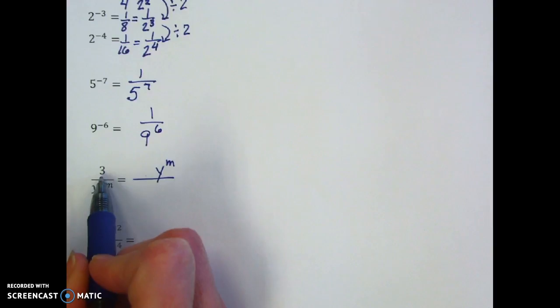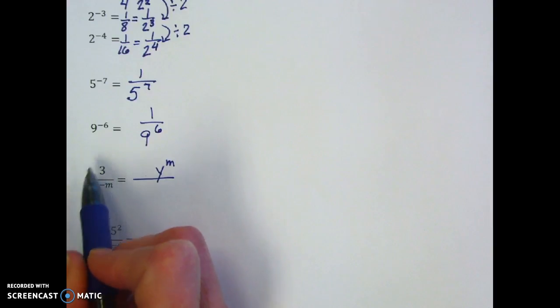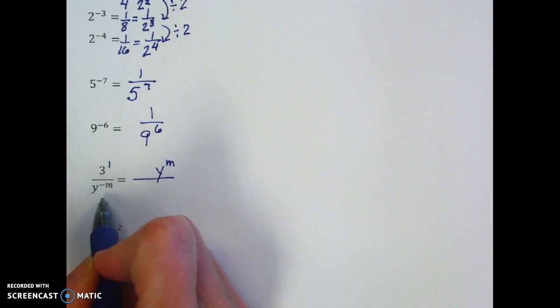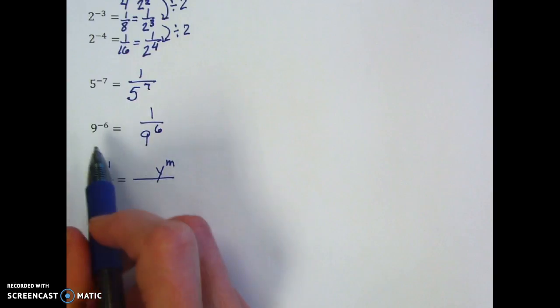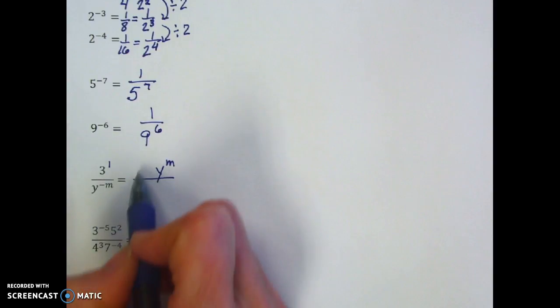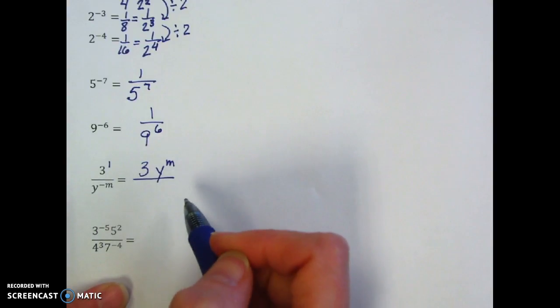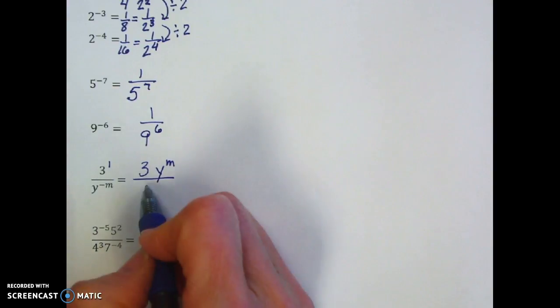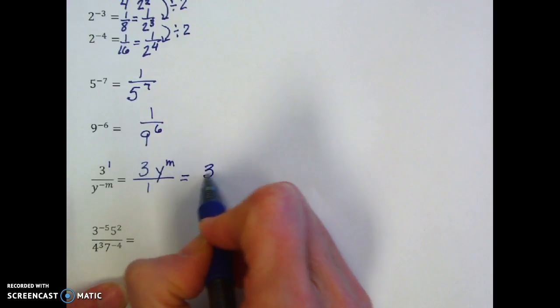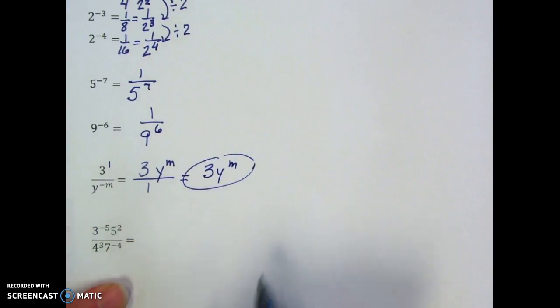What's the exponent on this 3 right now? A positive 1. So we don't need to move that to the denominator. We're just going to leave that in the top. So what's in the denominator? I guess you could say nothing, but we could put a 1 down there if we wanted to. So 3y to the m is the most simplified way to write that.